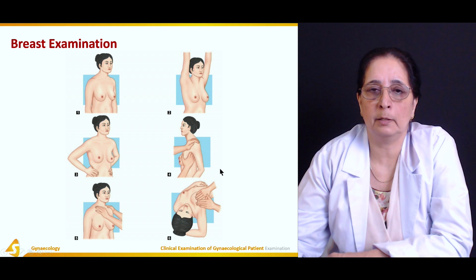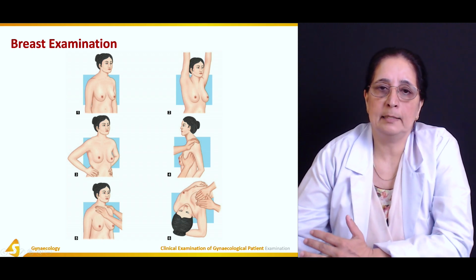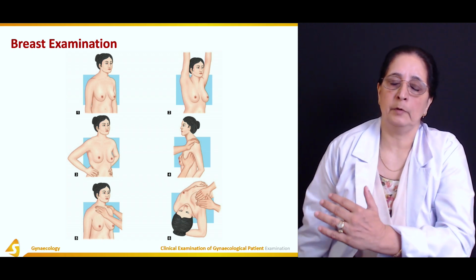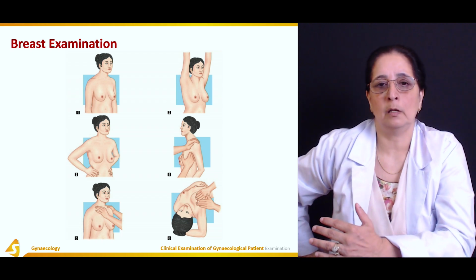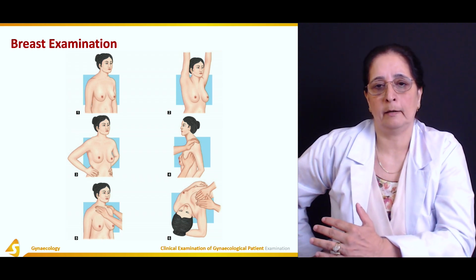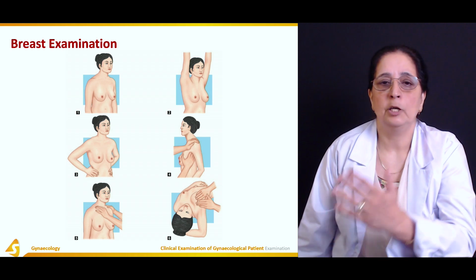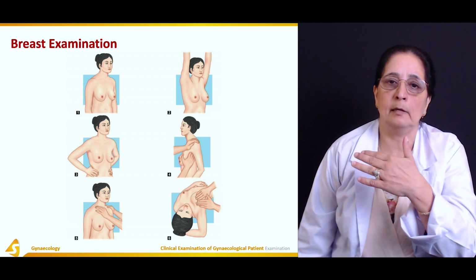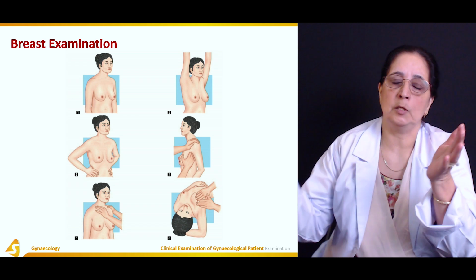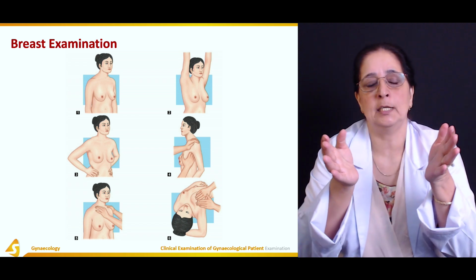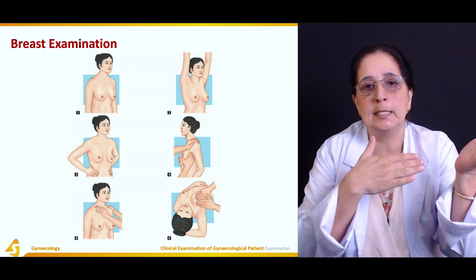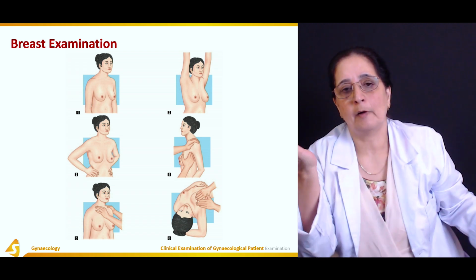And then here, just by the side, if the patient is doing the self-examination, it's preferred that if they are examining the right breast, with the arm on the side or keeping the arm straight, they use the left hand to examine the right side. Similarly, vice versa. So in self-examination, if the patient is palpating the left side, use the right hand.